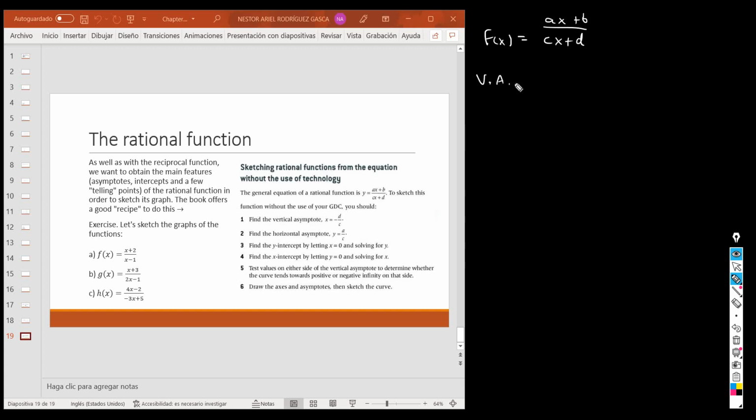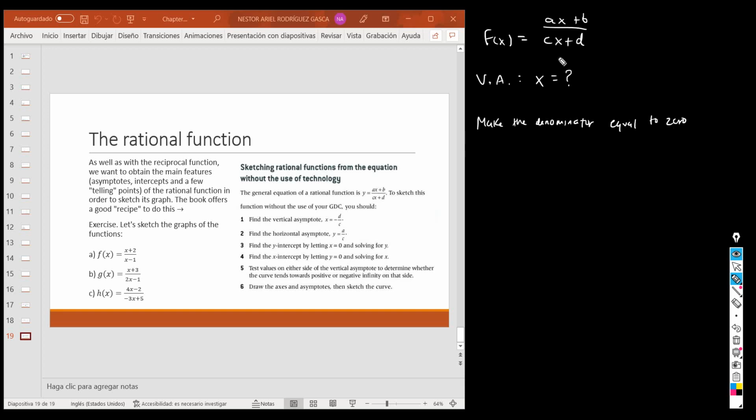For the vertical asymptote, it's going to be x equals some value, right? And how do I find that value? Okay, what we need to do is make the denominator equal to 0.